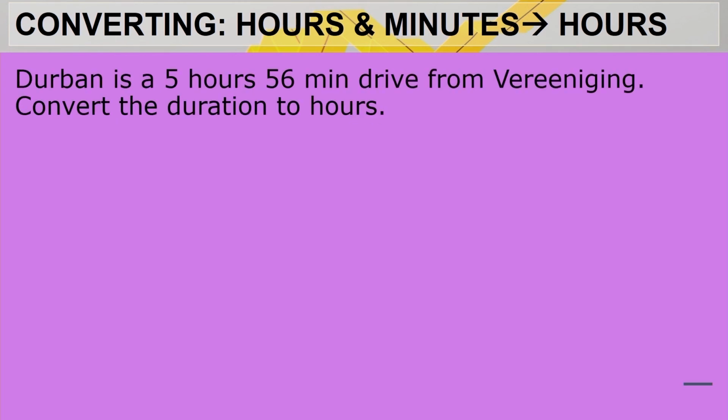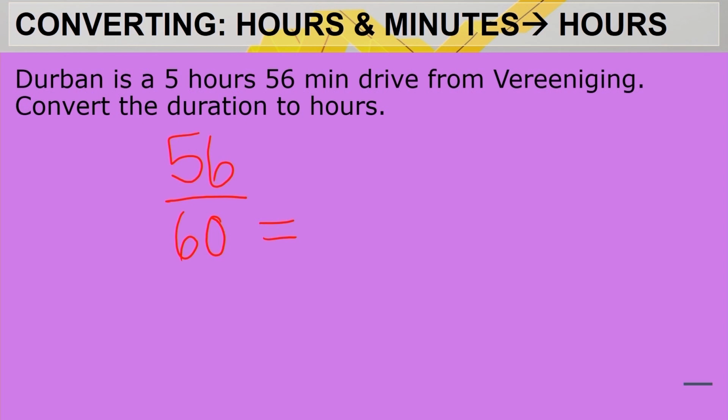Durban is a 5-hour and 56-minute drive from Vereniging. Convert the duration to hours. So what did we say? What are we going to do first? We are going to divide the minutes by 60.